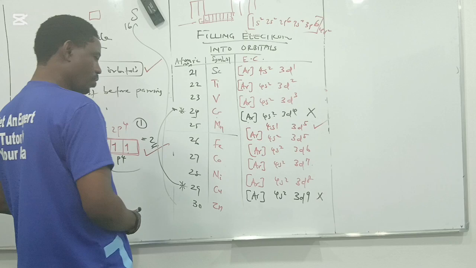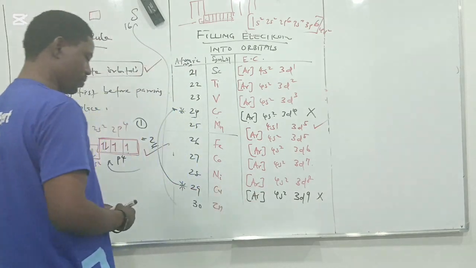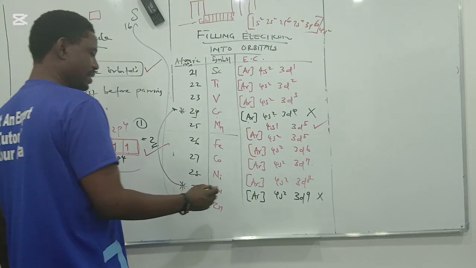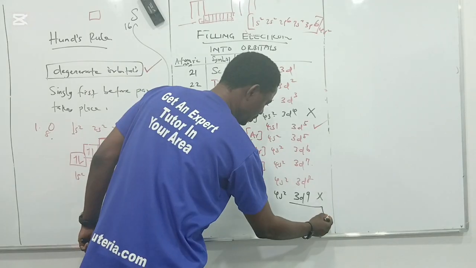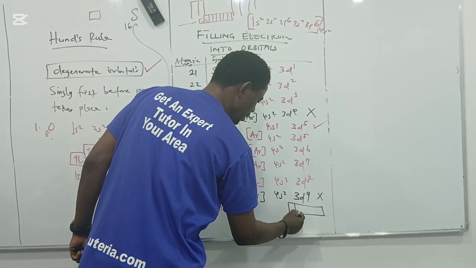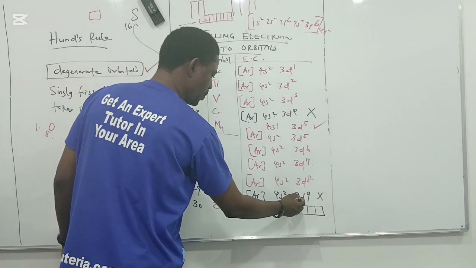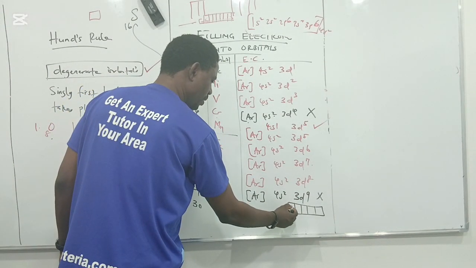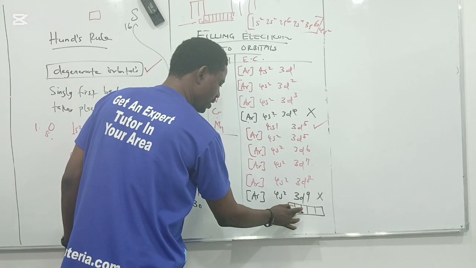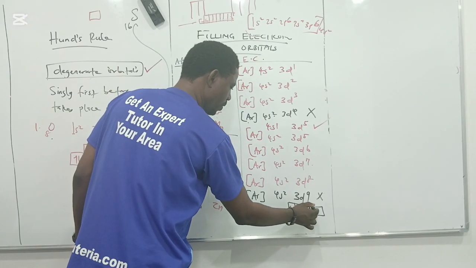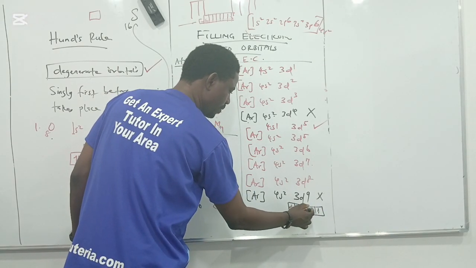So what would this guy do again? This guy says the d orbitals, because they are born the same day, they are just 5. Okay, 1 2 3 4 5. So why will we have 3d9? Let me do it singly first. 1 2 3 4 5 6 7 8 9.